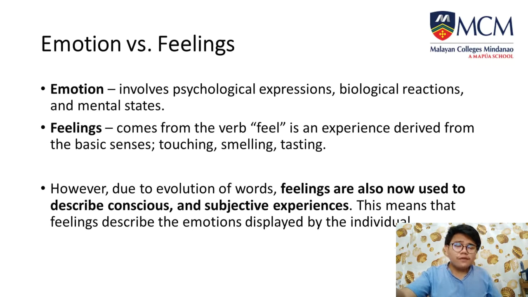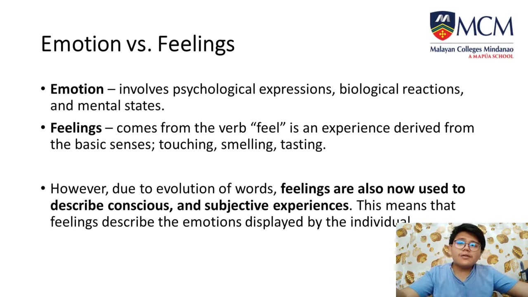However, due to the evolution of words, feelings are also now used to describe conscious and subjective experience. This means that feelings describe the emotions displayed by the individual. But don't be confused with these two, because these are somehow different but somehow also related with each other.